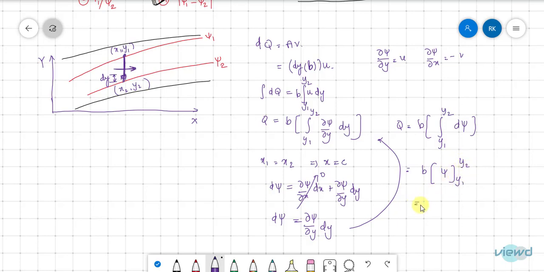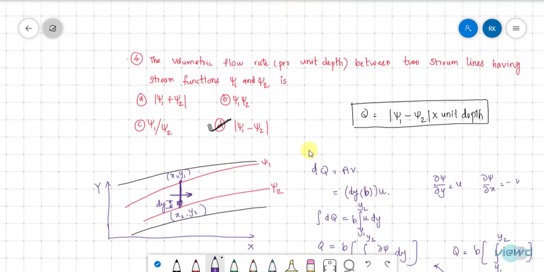The function for this first streamline is psi1, or you can write psi2 minus psi1 taking modulus. So that will be discharge. That's why the answer is this one. And here it is asked per unit depth, so b will be cancelled, and the remaining is psi1 minus psi2 modulus.